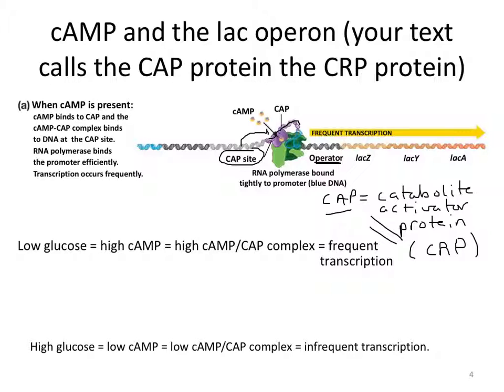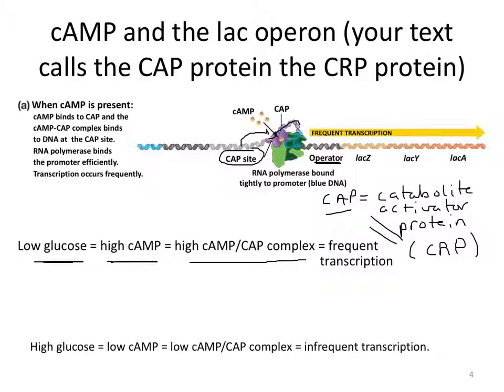So what happens in the cell, in E. coli more specifically, when you have low glucose, is you have high cyclic AMP because of the impact of glucose on the synthesis of cyclic AMP that I discussed in the previous slide. So low glucose equals high cAMP, which means high cAMP-CAP complex.